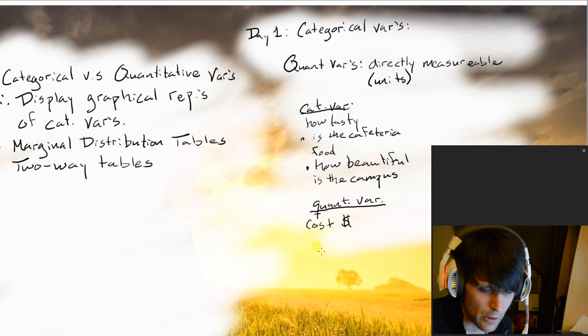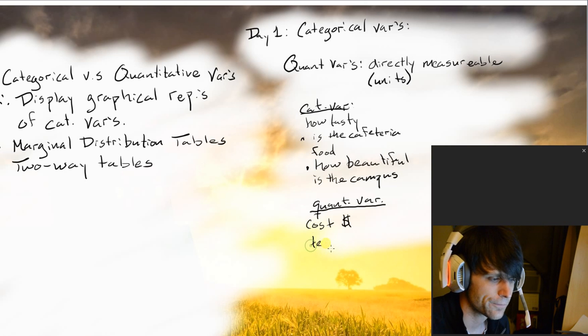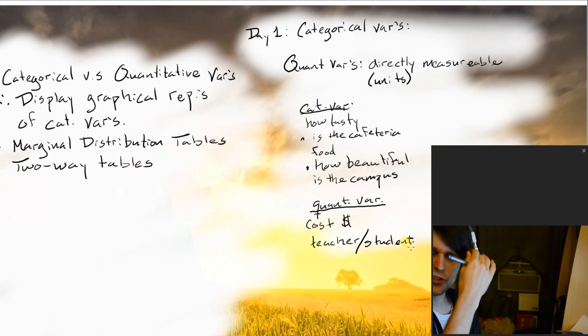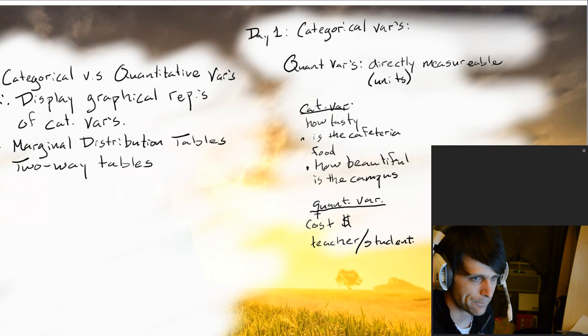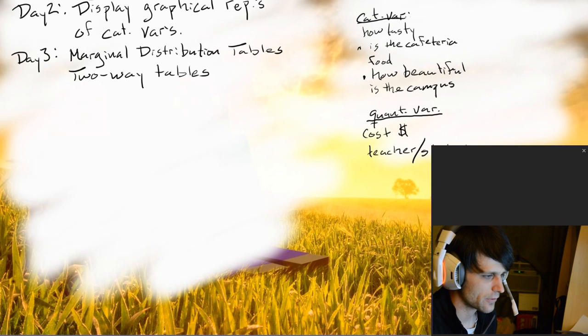Another one that we might be able to measure quantitatively is the teacher per student ratio. So just a couple little examples there. And of course we'll have some more videos where we actually do some examples on that. Let's go ahead and talk about day 2.